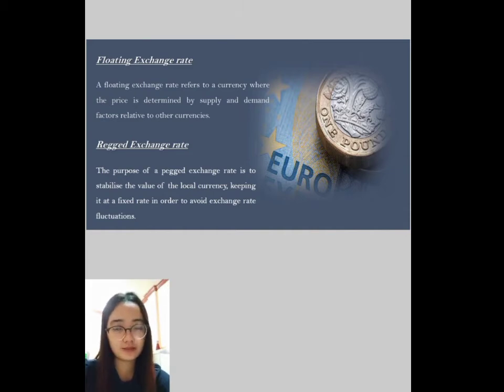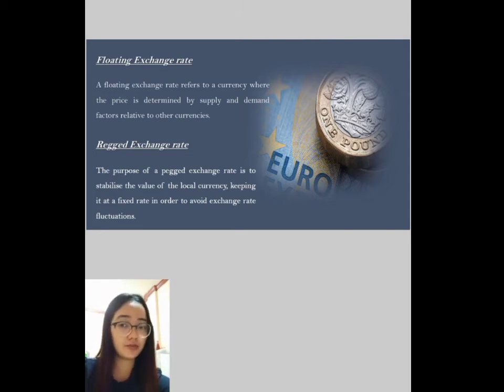So the second one is the peg exchange rate. The purpose of a peg exchange rate is to stabilize the value of the local currency, keeping it at a fixed rate in order to avoid exchange rate fluctuations. A peg exchange rate is also known as a fixed exchange rate.